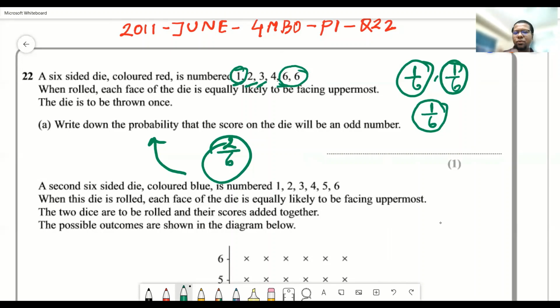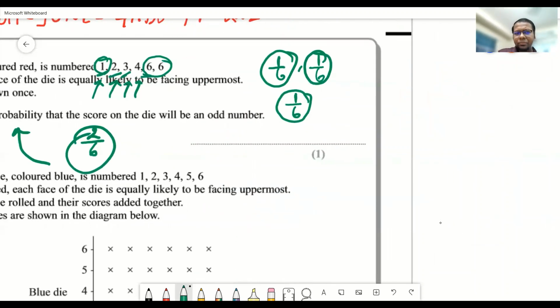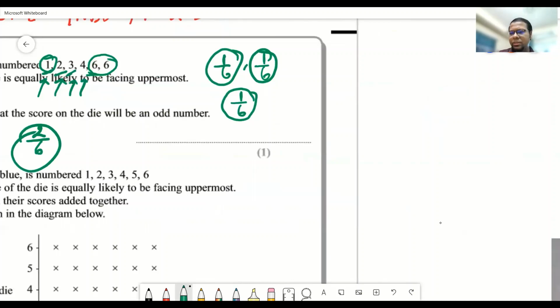There are two 6s. So if you roll it, the probability of getting 6 will be double that of 1, 2, 3, or 4. Why? Because for 1, 2, 3, 4, there is only one side each. You are going to get 1 on only one side, 2 on only one side, but you are going to get 6 on two sides.